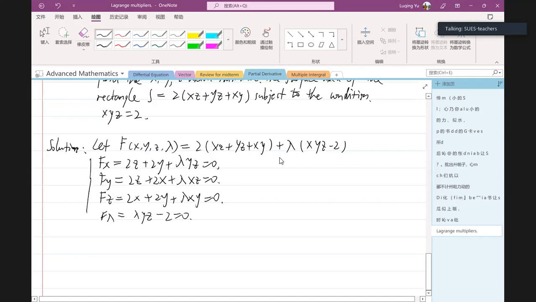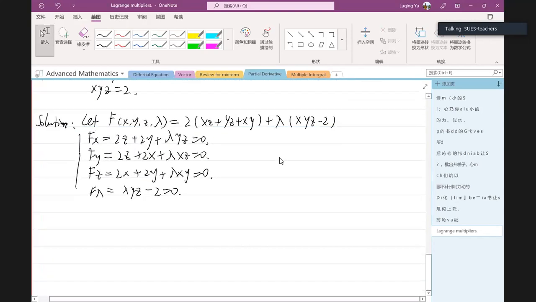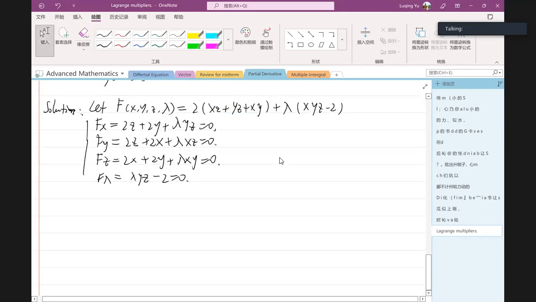Then what we need to do is find x, y, z. I think it's pretty easy because F_x, F_y, F_z are the same with each other, so x equals y equals z.